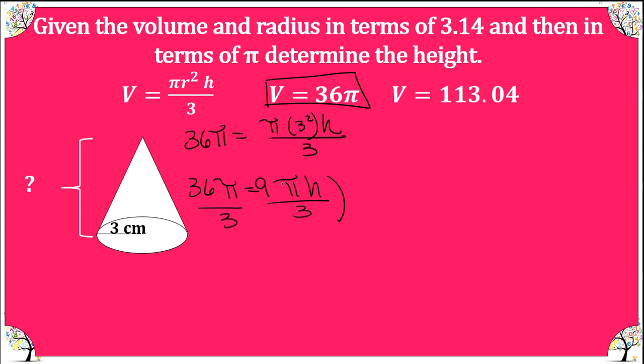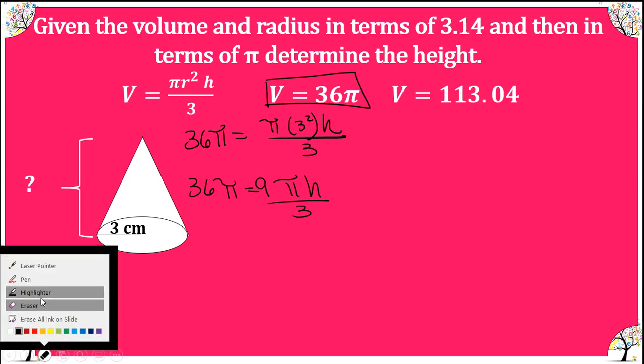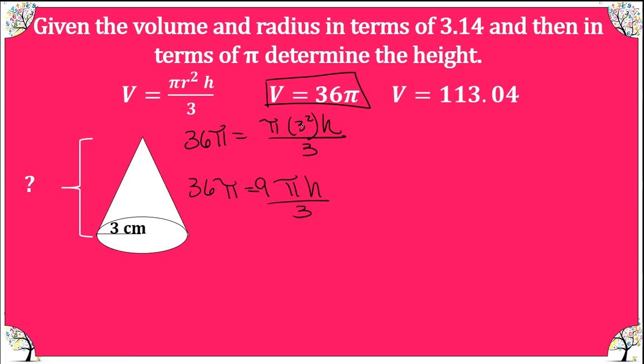We're going to multiply. Okay, so here, I just calculated 3 squared. Now we're solving for h. So we need to undo the divide by 3. So we're going to multiply both sides times 3. That cancels those 3.